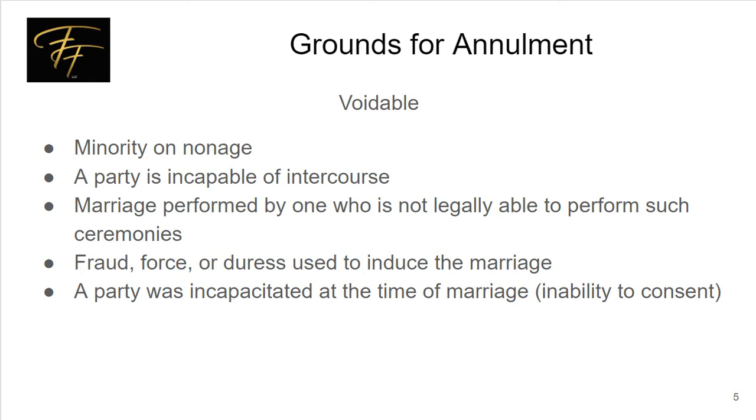But at the point where that minor becomes an adult, if that minor continues in the marriage, that marriage is no longer voidable. It becomes something where it looks like they've consented or condoned or that they've agreed to the marriage. A party that is incapable of having intercourse.